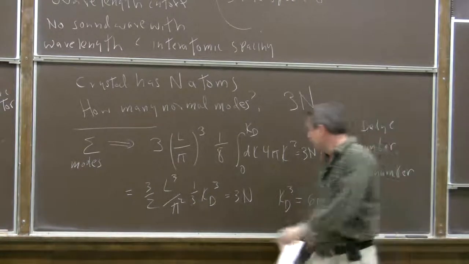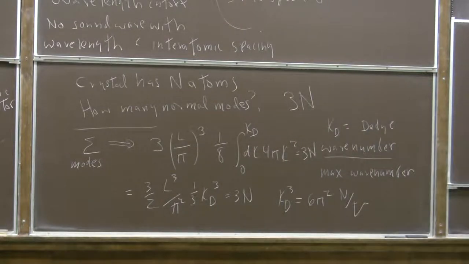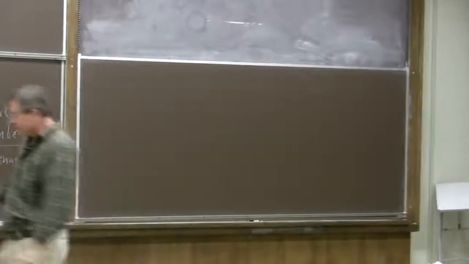Okay? So now we do the same calculation as before, but with the two changes already discussed. We will include 3 polarizations instead of 2 for each value of the wave number, and we'll integrate only up to k Debye.